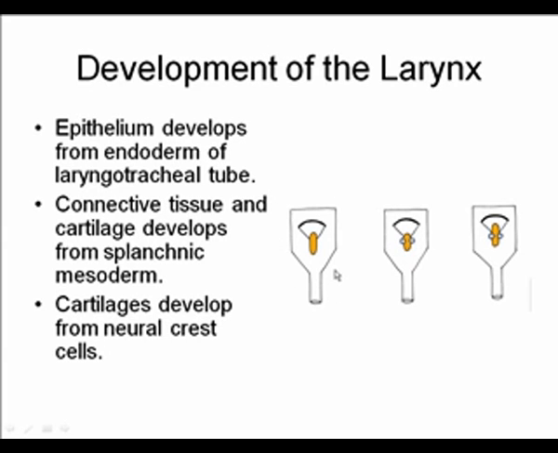In the region of the larynx, the epithelium from the foregut, the endoderm, is going to form all the laryngeal epithelium, whereas the connective tissue and the cartilage develop from the splanchnic mesoderm. Some of the cartilages develop from neural crest cells. So the neural crest can contribute to some of the cartilaginous structures found in the larynx.